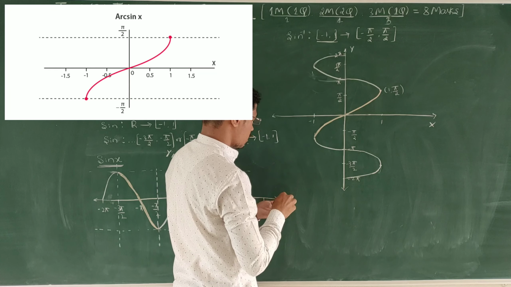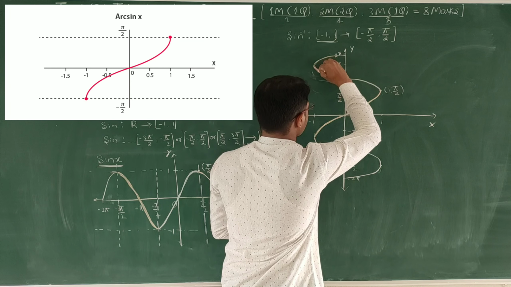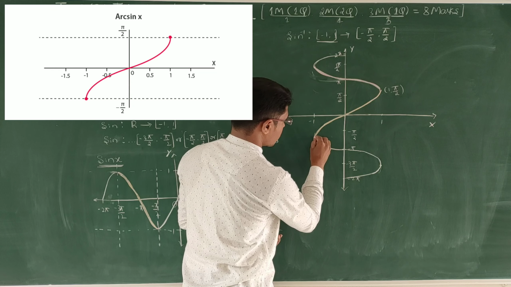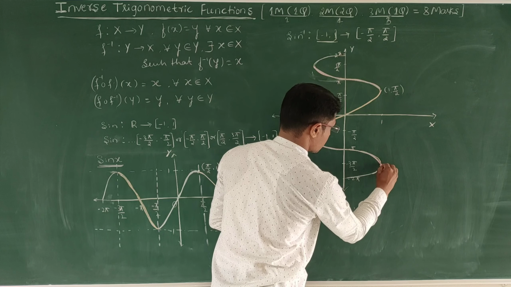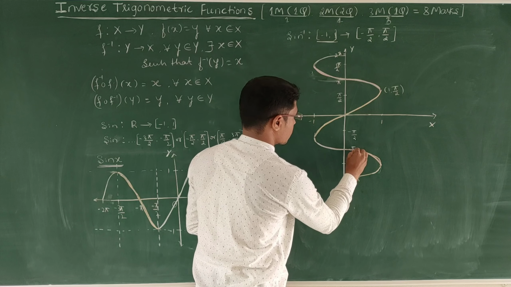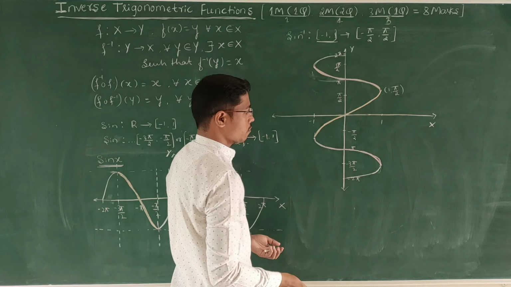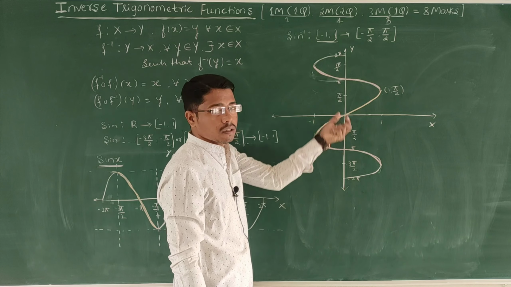Okay, one region, one more region from here to here, and one more region from this to this. Okay, so these are all the possible ones, and many more we will get if we extend the graph.